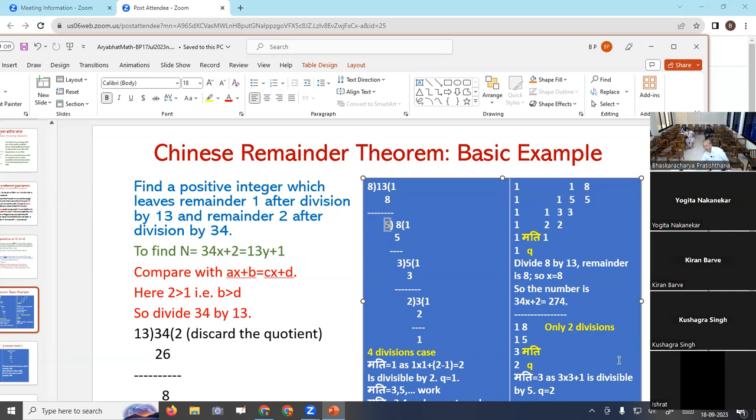Once you divide, you get the quotient, and that quotient is Q, the last number in the sequence. So 2 is the last number here. Then your AB plus C calculation starts from that step. So this is one example.